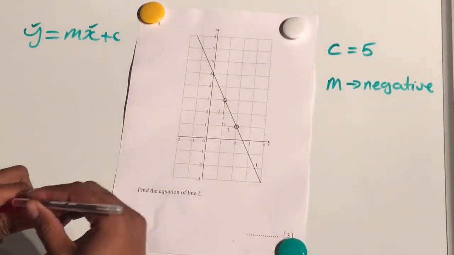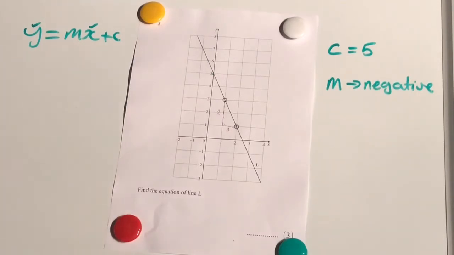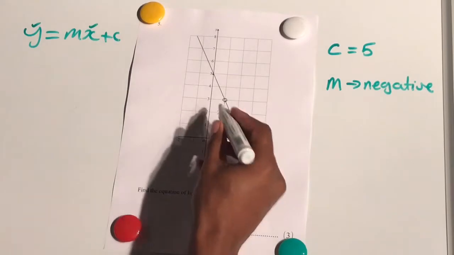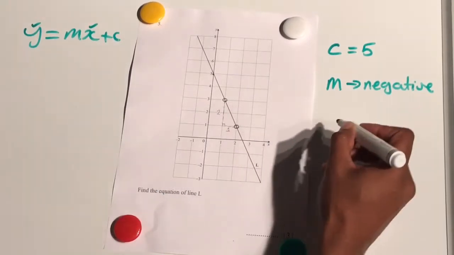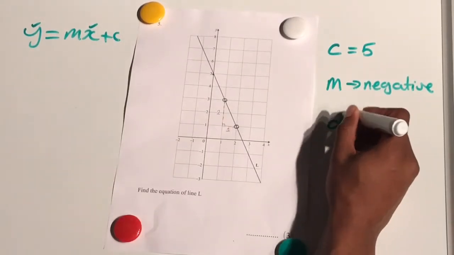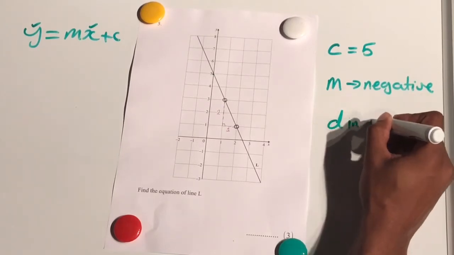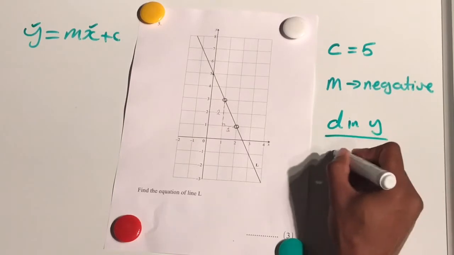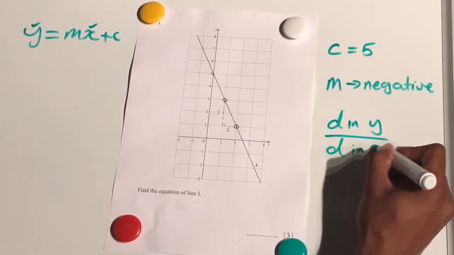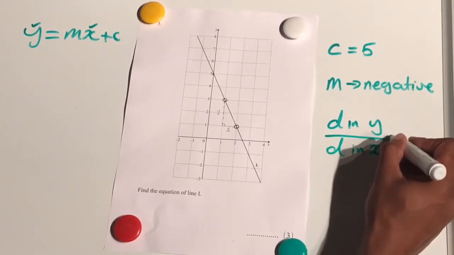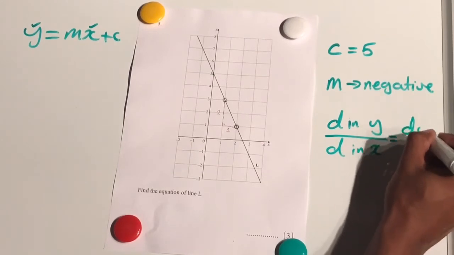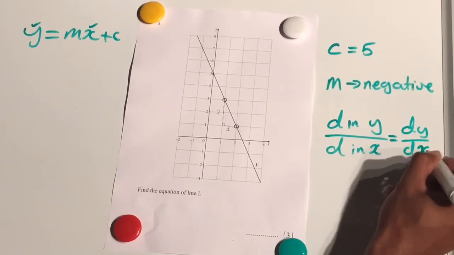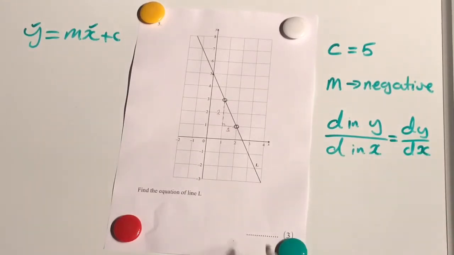So what I do is some maths where I take the difference in the y, so the 2, I'm going to put d for difference in the y, in the height of it. I'm going to divide that by the difference in the x. And later on you'll see this shortened to dy over dx, which means how the y differs in comparison to how the x differs.